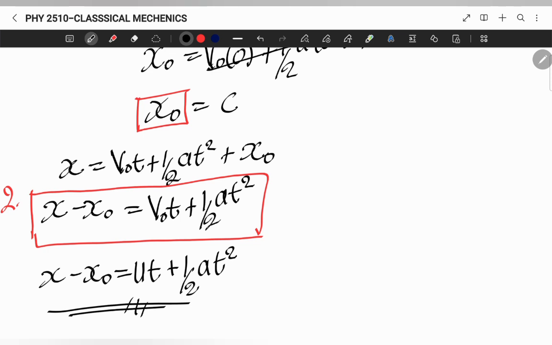Having derived these two equations, all the other equations come from these two principal equations. So what we could do is start from these equations and derive the other ones. Let me attempt equation number 3.